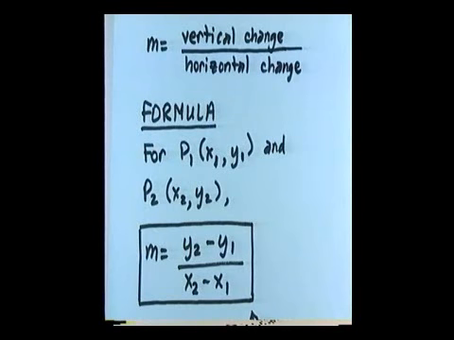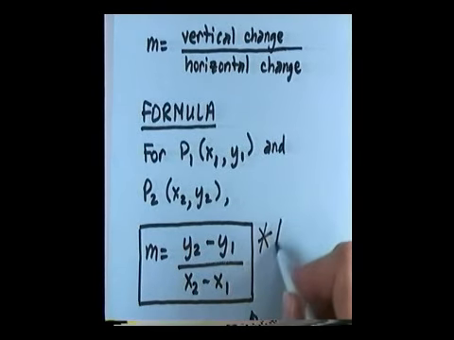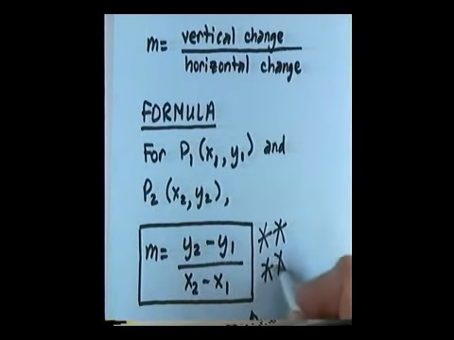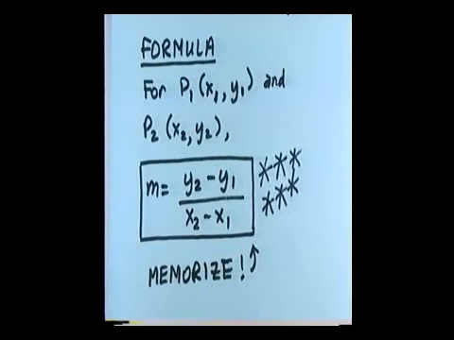It's vital that you get this down accurately. Be sure it's correct. M, which stands for slope, equals y2 subtract y1 over x2 subtract x1. If we're starring important formulas, this one will get lots and lots of stars. You must memorize this formula. You will be expected to know it by heart as you work with lines and deal with the slope.